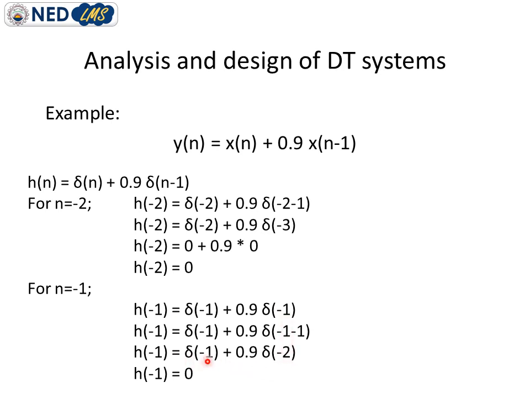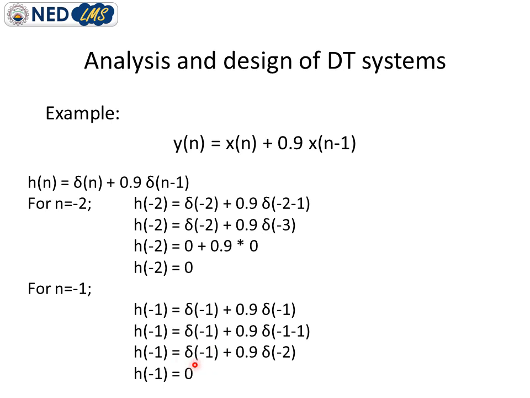So as you can see that here impulse is to be recorded for instant n is equal to -1, and here delta of -2, and at both these instants we know that impulse function is 0.